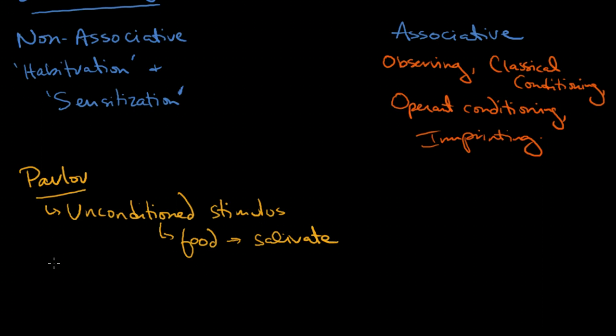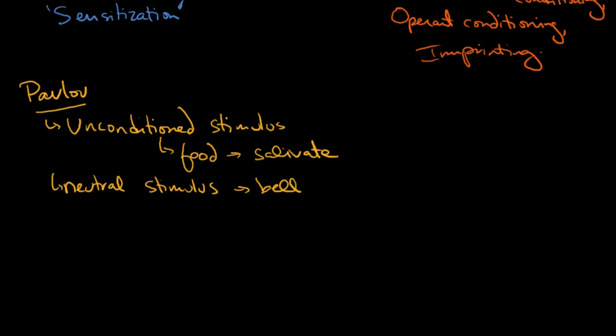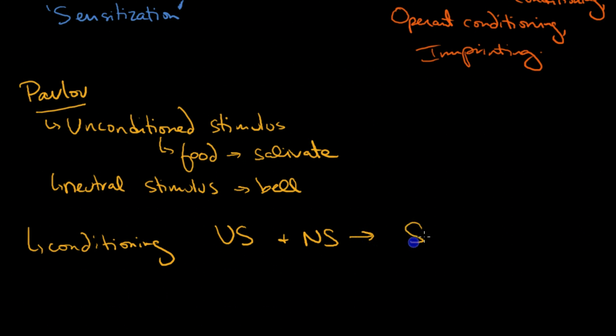He also had a neutral stimulus, a bell that had no effect by itself, so it does not elicit salivation. And then when the conditioning happened, basically what he did was he combined the unconditioned stimulus plus the neutral stimulus, which then resulted in the salivation or the response from the dogs.